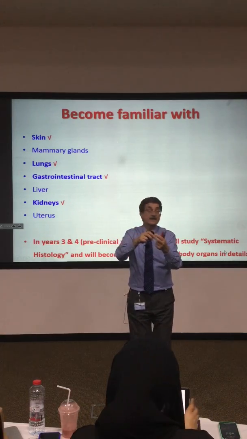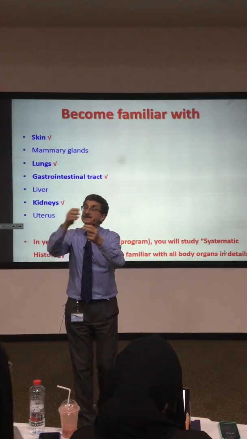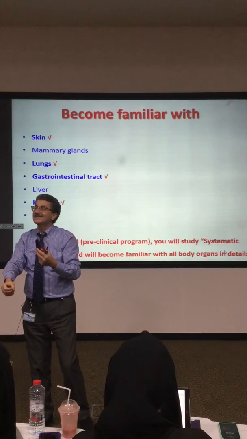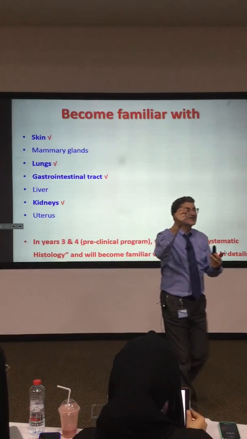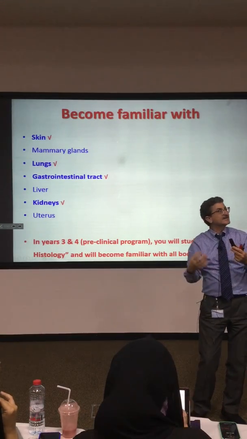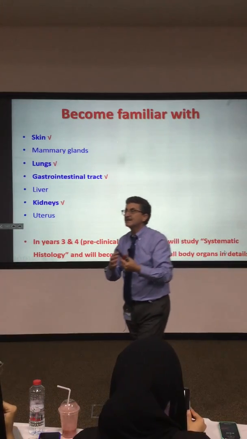The sebaceous glands are associated with the hair follicle. And the sweat glands are long tubular glands, and they have a long duct which is lined by stratified cuboidal epithelium, two layers of cuboidal cells. And the secretory unit is deep in the dermis or even in the hypodermis, surrounded by fat. Okay?